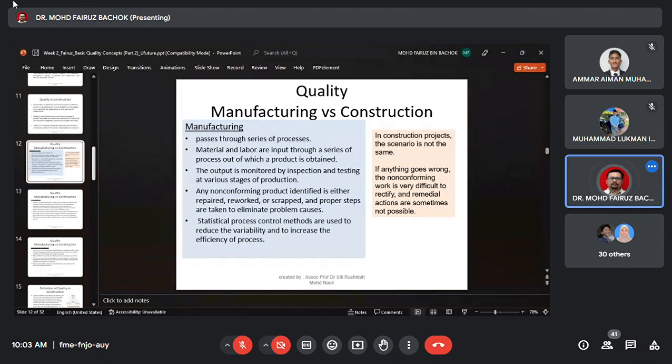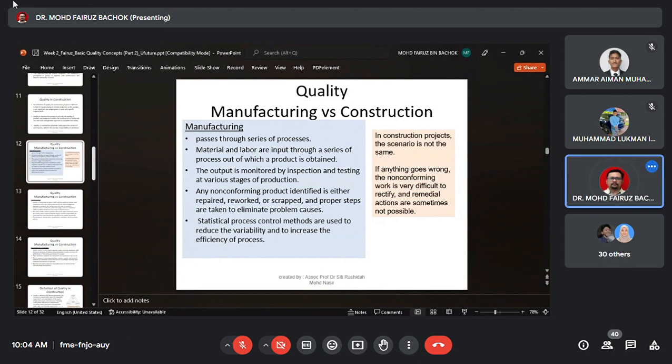Because if something in construction is not up to the design, up to the standard, then it is not easy to do the remedial action. Maybe you need to demolish everything that has been constructed and rebuild again.